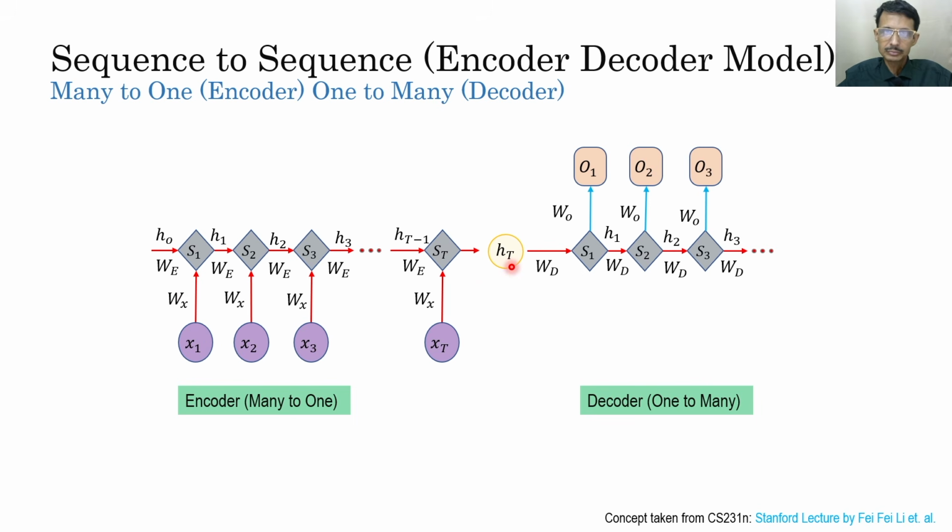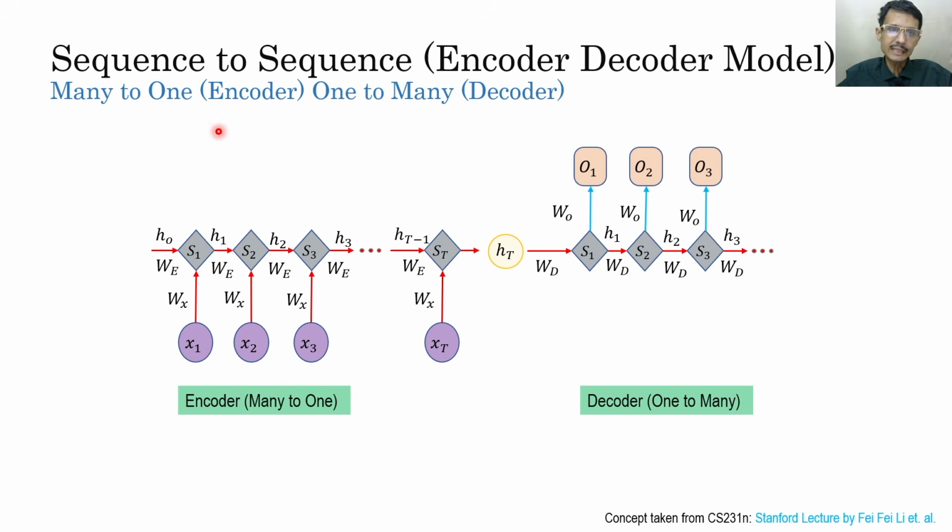In general, the encoder takes some inputs and tries to find some abstract representation or latent representation of these inputs, like here HD, which is basically the next hidden state, the final state of the encoder RNN. Now, what is the decoder doing? This decoder is basically taking this input and producing some outputs.